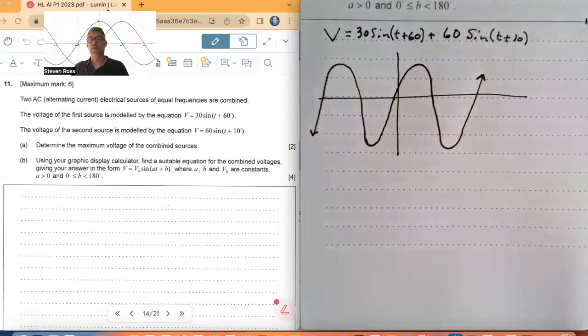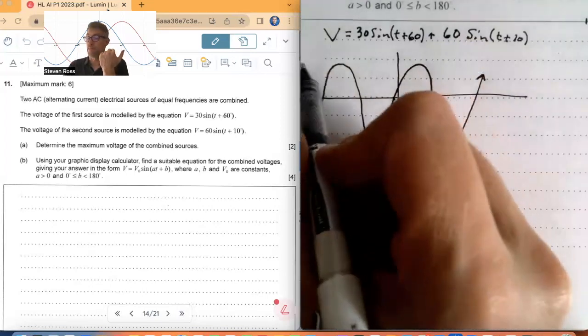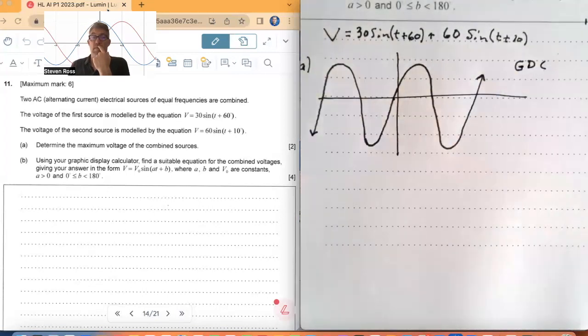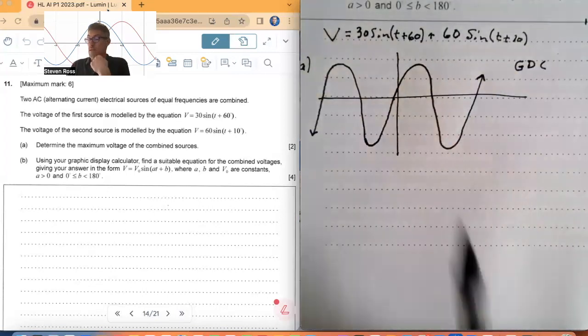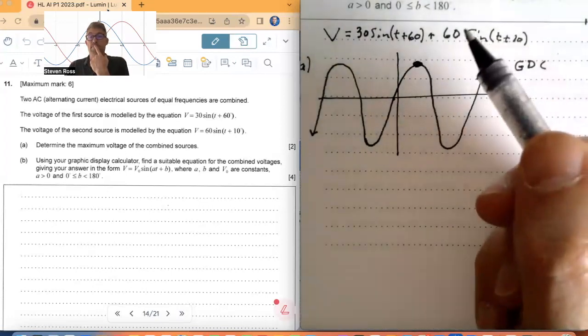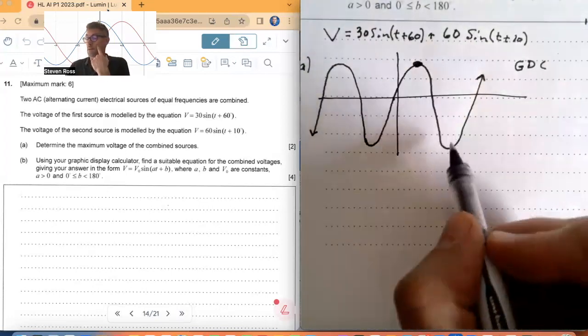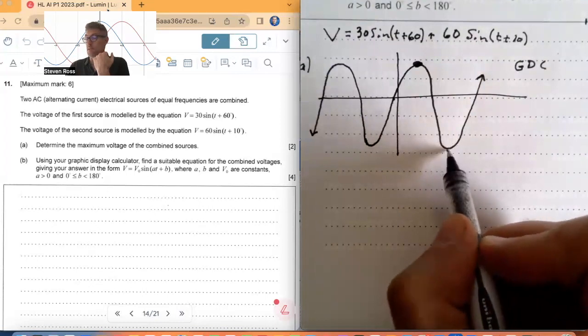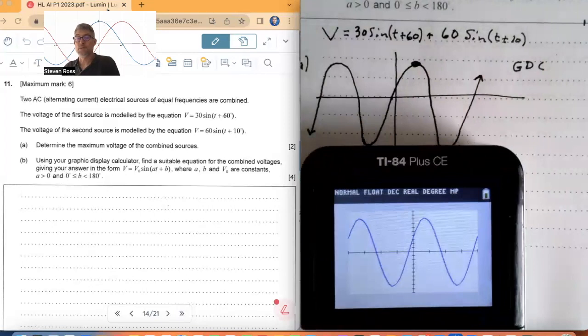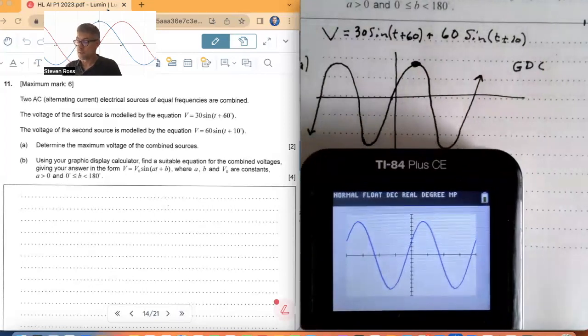And I'm going to label some important parts. For part A, I am interested in the maximum. And I'm also going to be interested in the minimum just to check it. So I'm going to check this on the calculator. Let's go to the calculator to find a maximum.